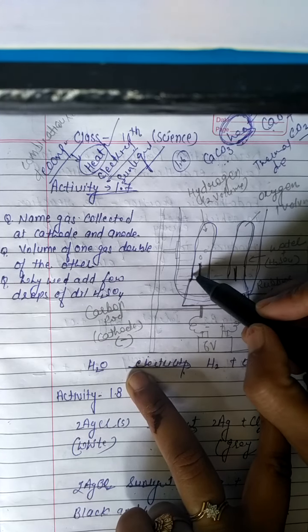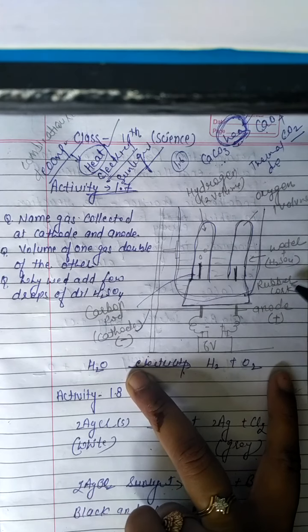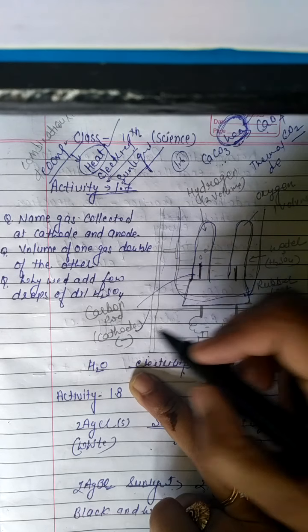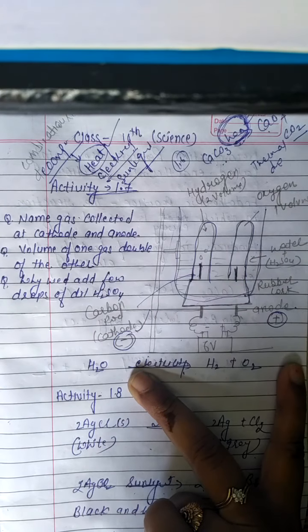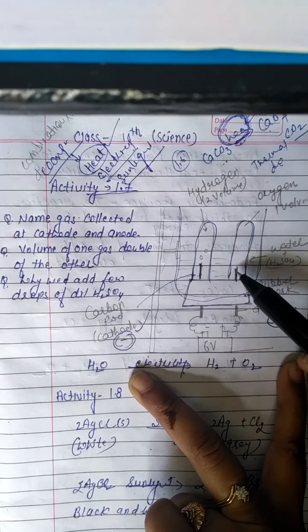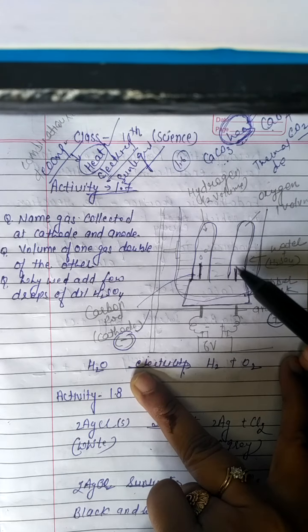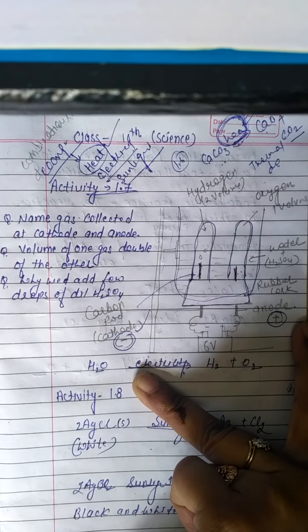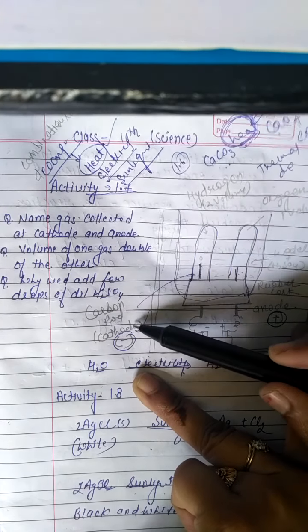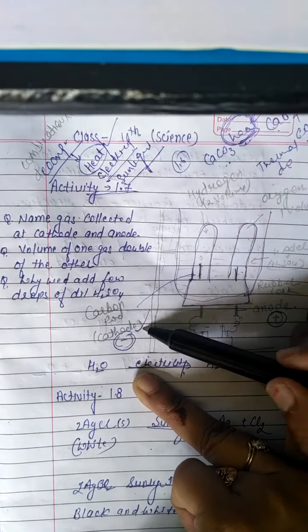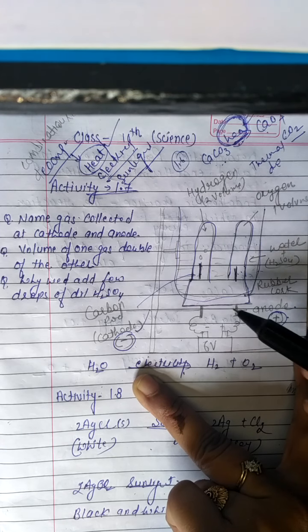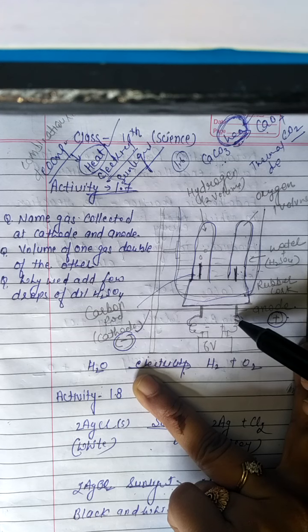One carbon electrode is the cathode and the second is the anode. The anode takes a positive charge and the cathode takes a negative charge. We insert the two carbon electrodes between the two test tubes.